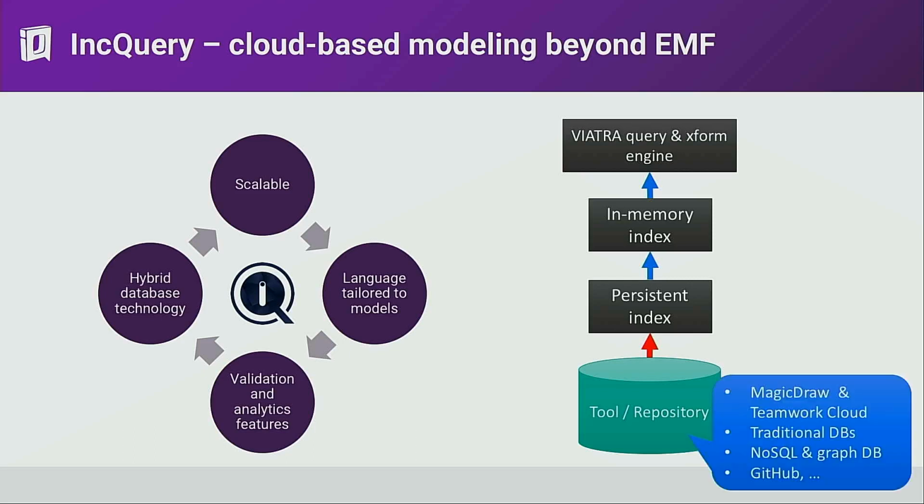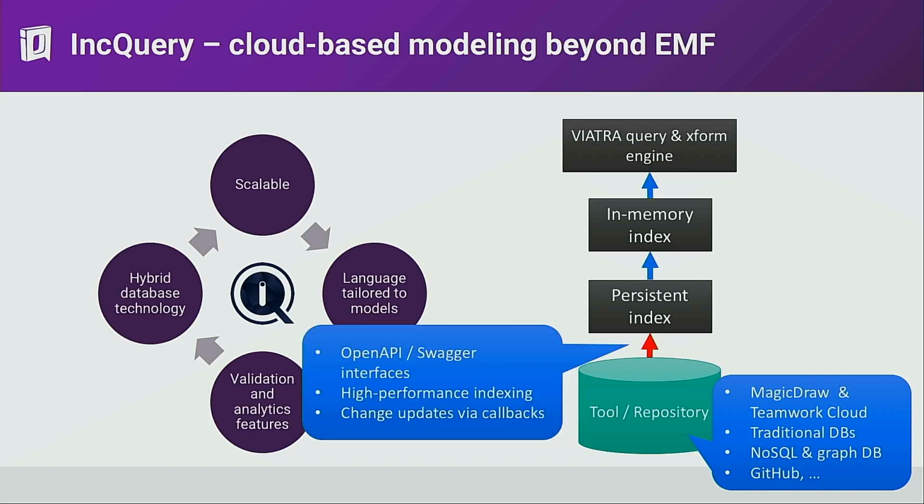So at the basic level, IncQuery interacts with MagicDraw and Teamwork Cloud, but many other engineering data and modeling storage platforms as well. And it basically accesses their contents through interfaces which conform to modern interface specification technologies like OpenMBEE and Swagger.